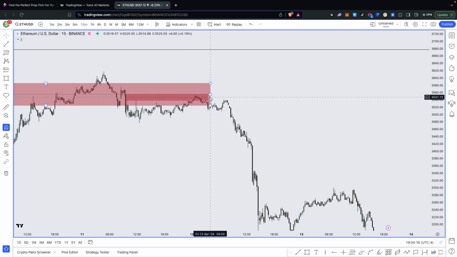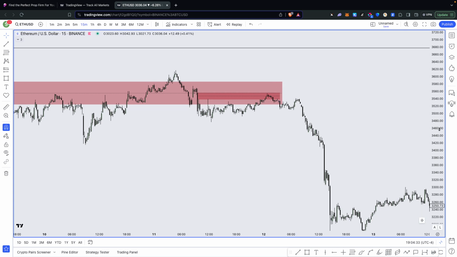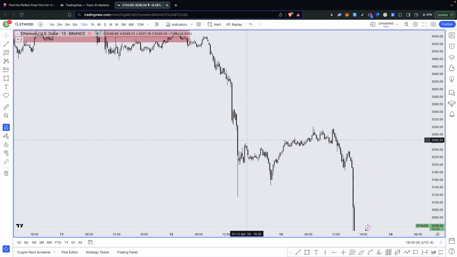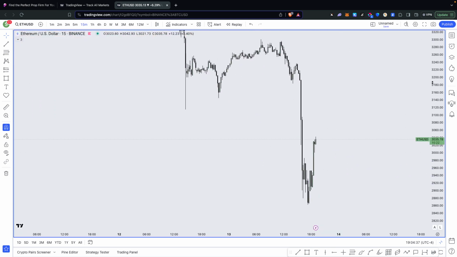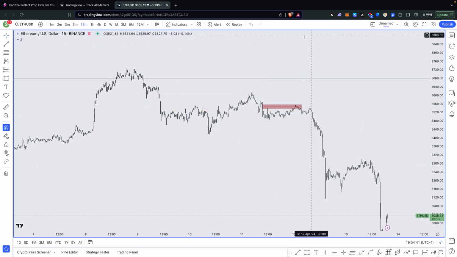See that? Boom. It was nice. This displacement was everything. Then we consolidated here, manipulation, then distribution started. This was beautiful. And then it went all the way down. This was nice, but I'm not talking about this model today.